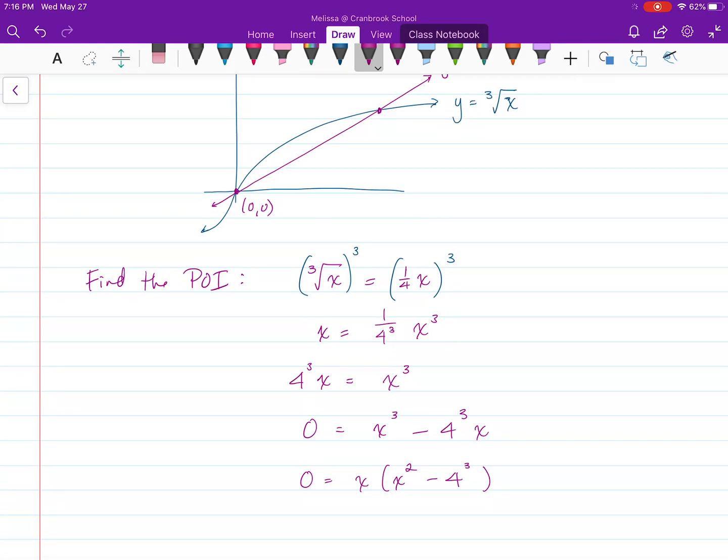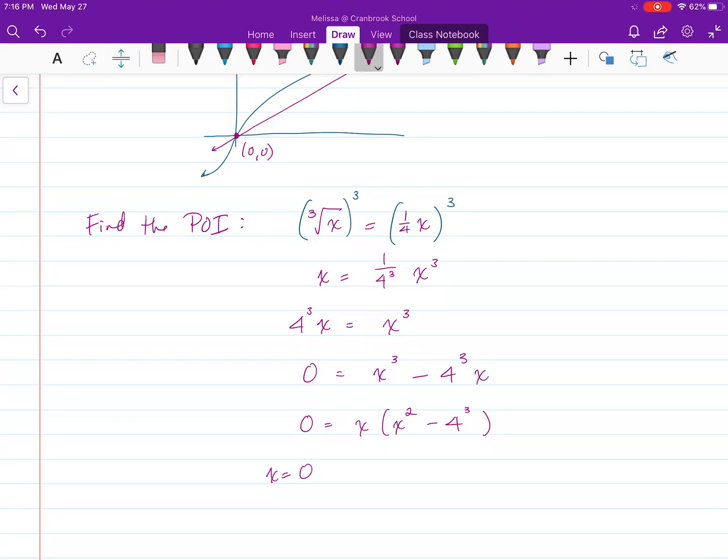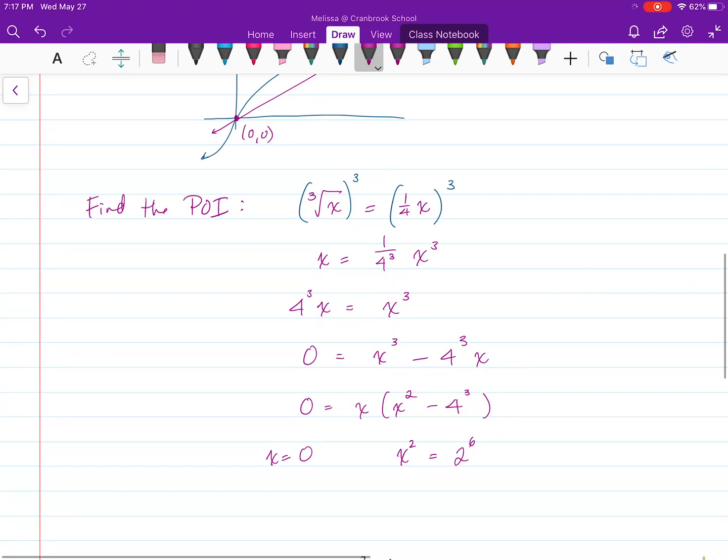And obviously we already knew, had you graphed appropriately or accurately, that x equals 0 is 1 x value for a point of intersection, whereas well, actually 2 squared times 3 is 2 to the 6th. So I'm going to solve that. And technically when I square root, it's plus or minus 8.